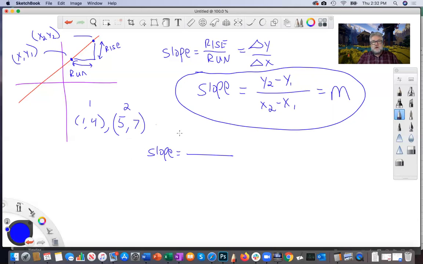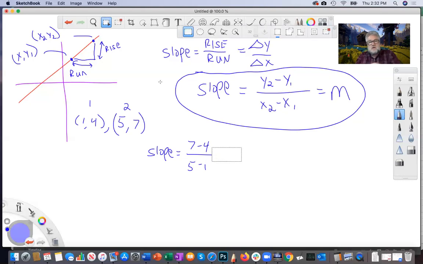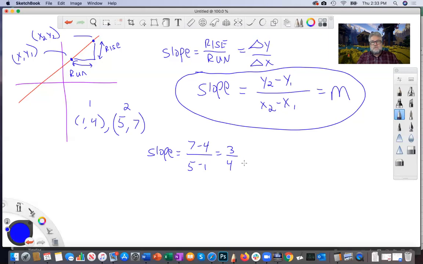So y2 minus y1 over x2 minus x1. So that's going to be 7 minus 4 is 3. 5 minus 1 is 4. 3/4. Let's say we did it the other way. And I made this point 2 and that point 1. Let's try that.